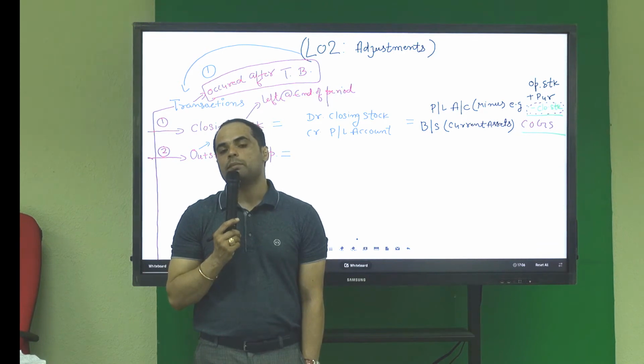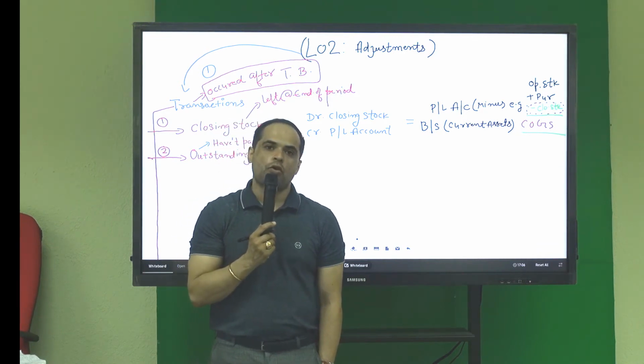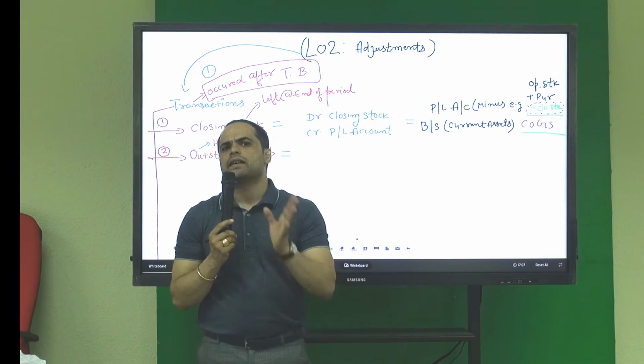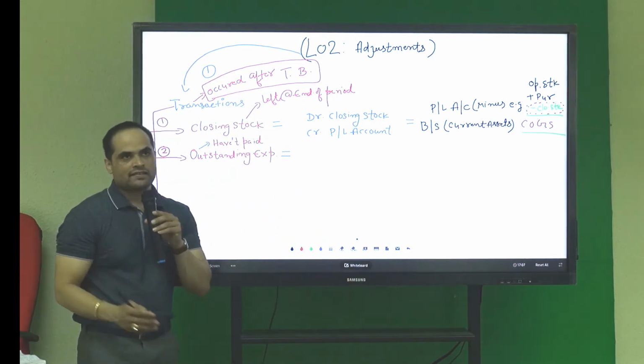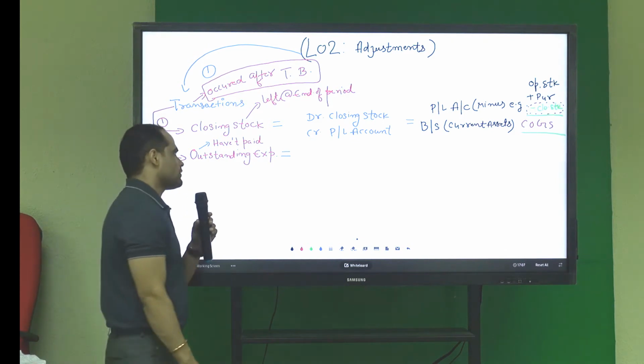Alright, so what will be the journal entry for outstanding electricity bills? Alright, so let's say that the outstanding electricity bill is $100.